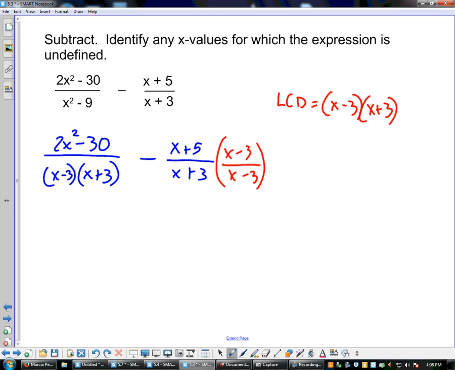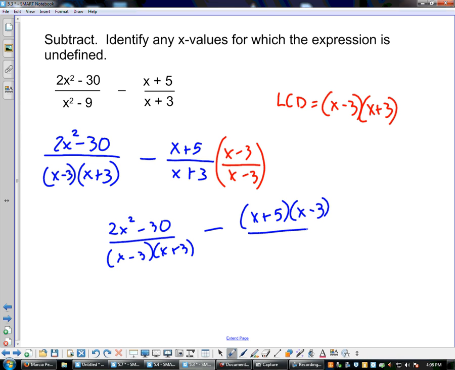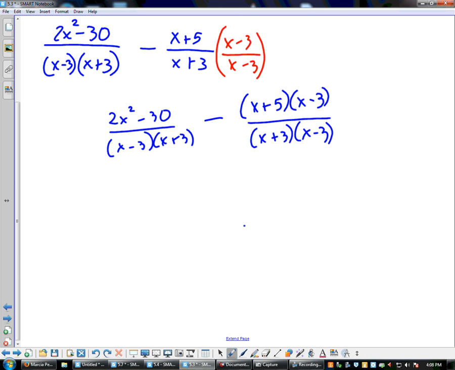So we will have 2x squared minus 30 over x minus 3 times x plus 3, and then minus x plus 5 times x minus 3 over x plus 3 times x minus 3. Our denominators are now the same, so we can put these together as one fraction over this common denominator.